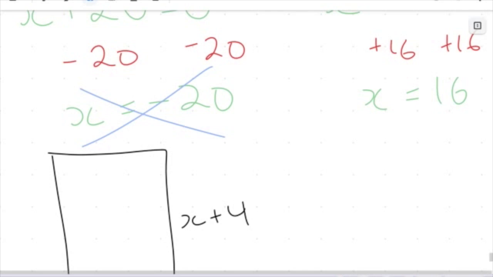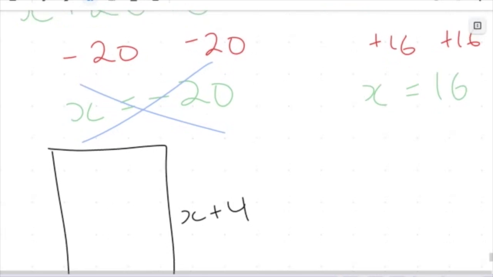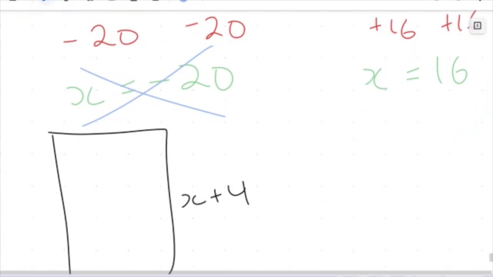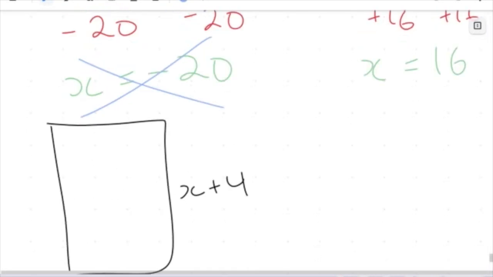You look at any book, you measure it, and you will notice that you're never going to get negative 20 as a dimension for your book. So we are going to be choosing this guy over here. So my value of x is x equals 16 centimeters.